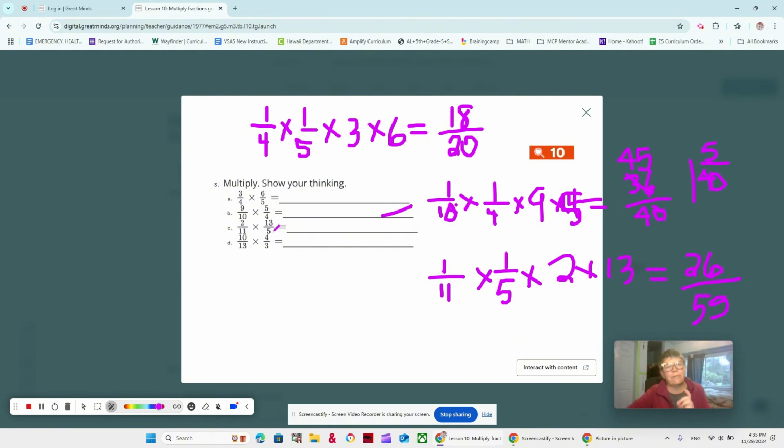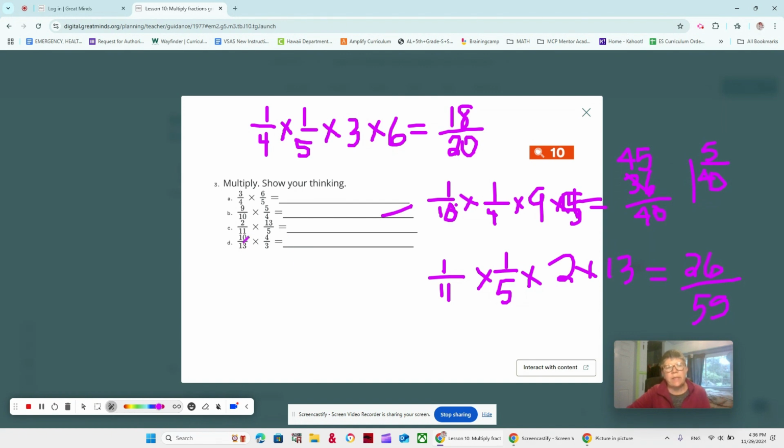And 13/5, ooh, 13/5. So 5/5 is 1. 10/5 is 2, right? And we're still having only 26 out of 55. So think about that. Maybe even draw it out on an area model to show it to yourself. That's what happens when you multiply by something really small, even if it's more than 2.